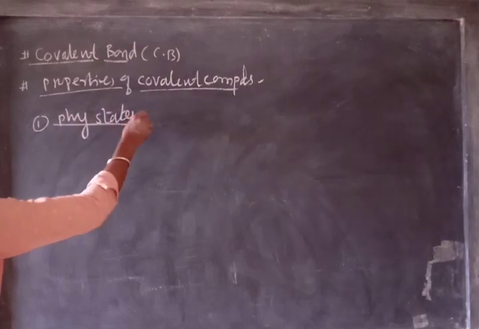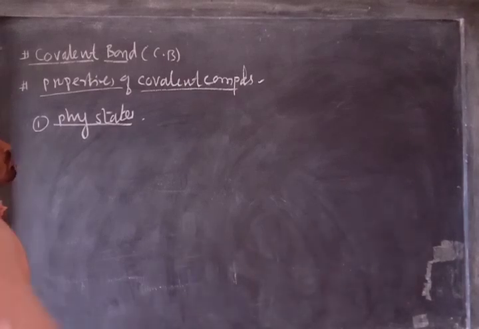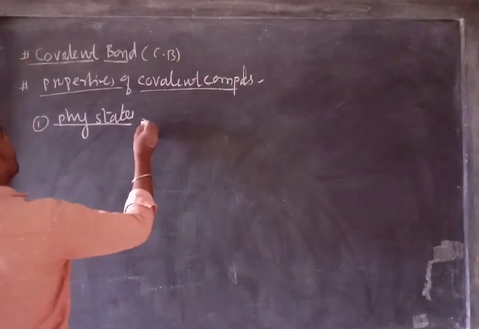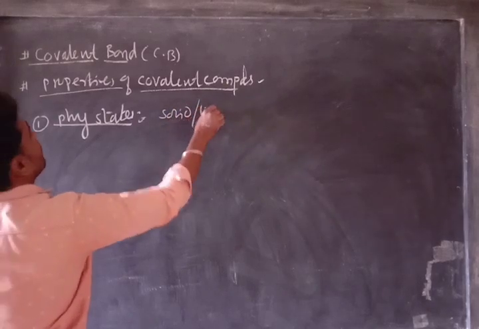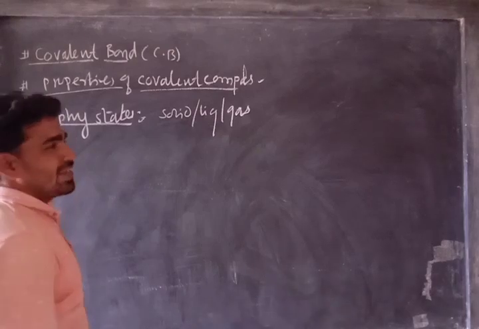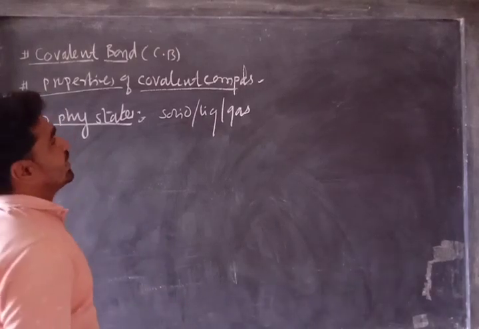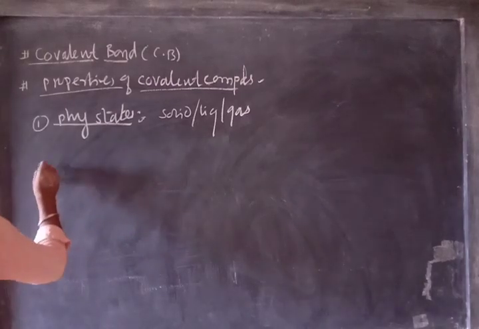So generally the ionic compound is mostly found in crystalline solid form, but the covalent compounds may be found in solid, liquid as well as gaseous phase. Any physical state can be found at ordinary room temperature and pressure.